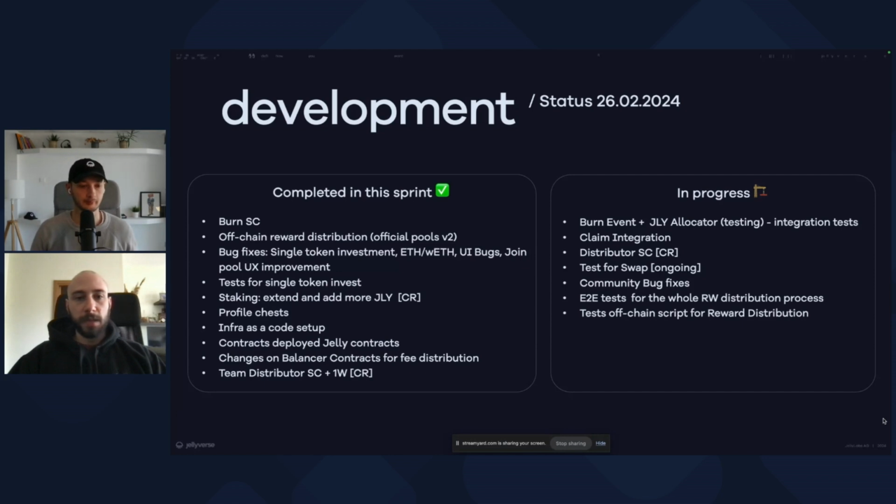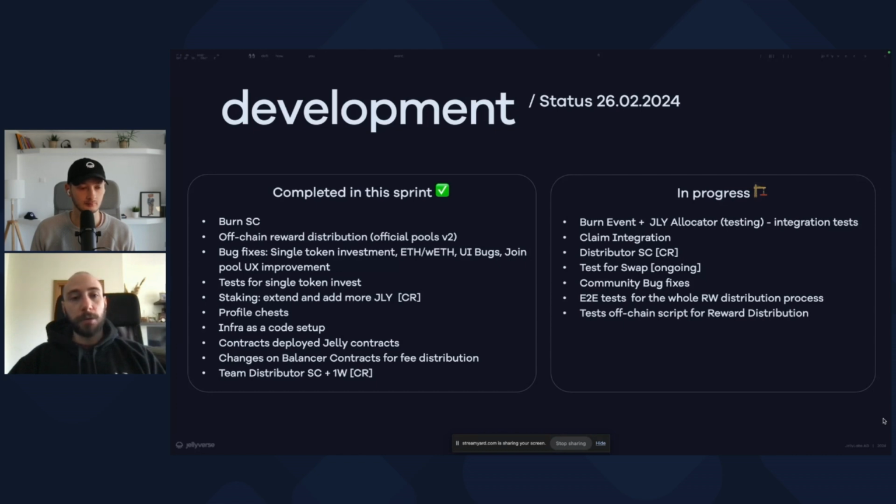A lot of bug fixes, a lot of testing. We have staking and chests, which are the abstraction of those staking positions, available. I'm not sure if they're available to test publicly, but if not, they will soon be. So yeah, that's mostly it.